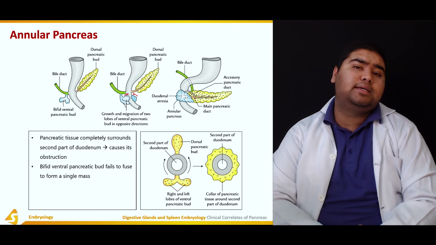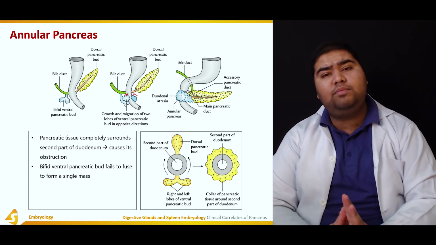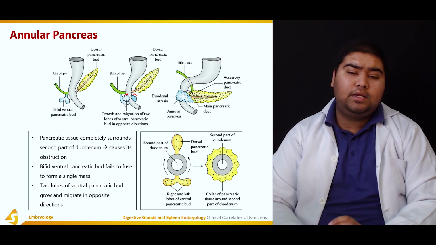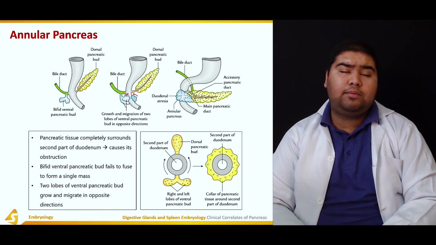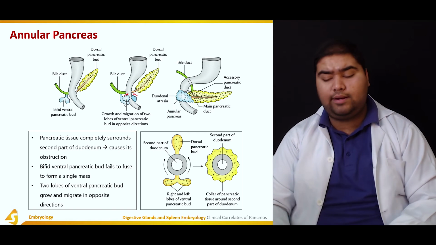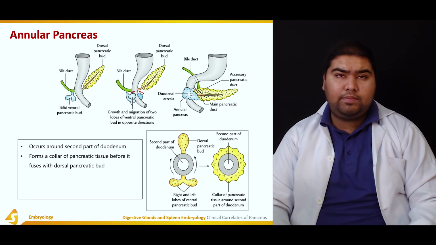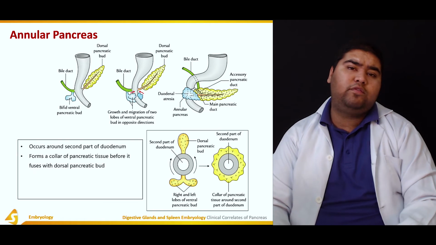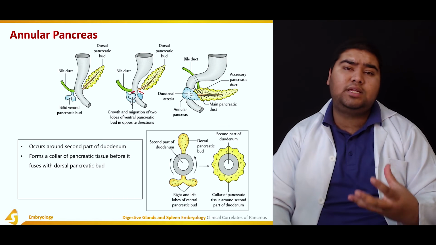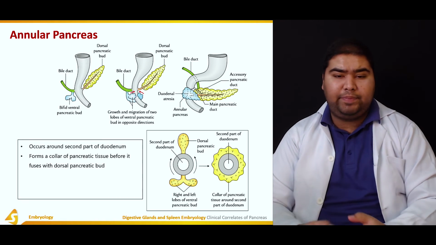When the bifid ventral bud, which was supposed to unite and move to the opposite side, does not unite, the two lobes of the ventral pancreatic bud grow and migrate in opposite directions, hence forming a collar around the second part of the duodenum. It occurs at the site of opening of the common bile duct, because the ventral pancreatic duct originates in close unison with the hepatic bud.